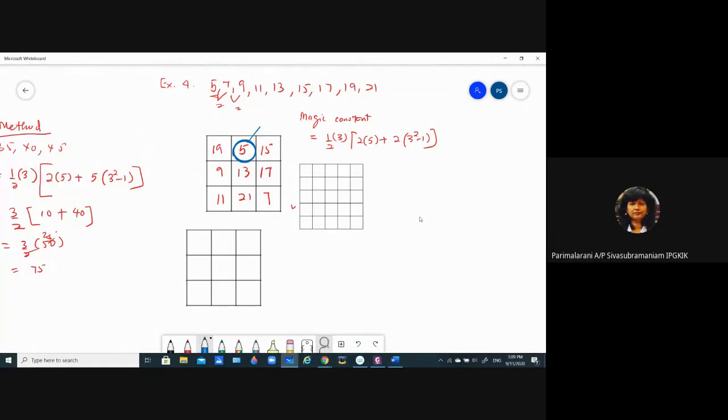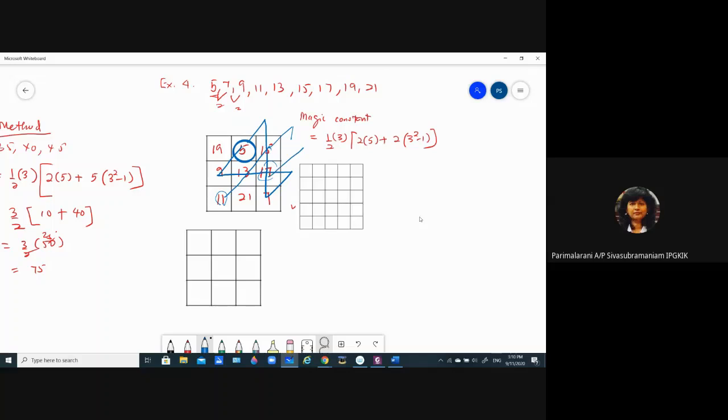You go up, nothing there, so come down to the same column and put your second number. From here, you go up and to the right, nothing here, so go to the end of the same row. From here, you go up, but there's already something here, so you must put the number below the earlier number. When you go outside, you put it below the previous number.